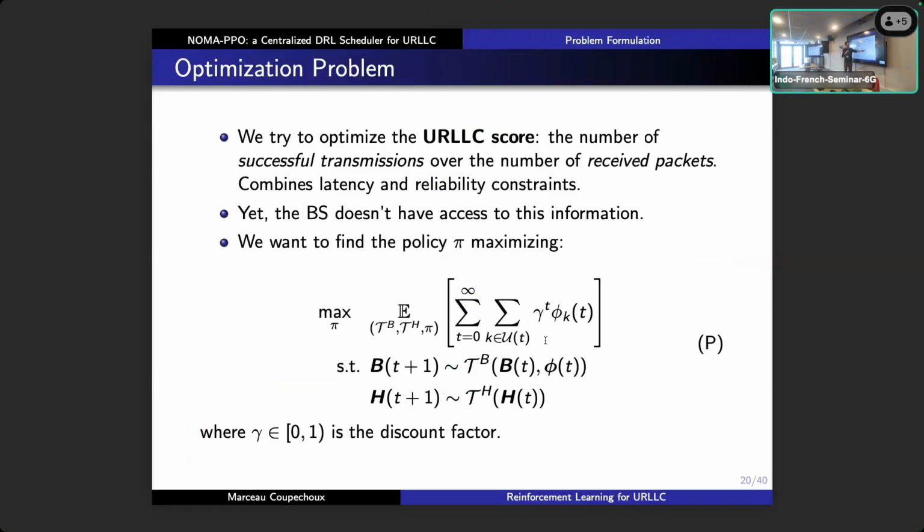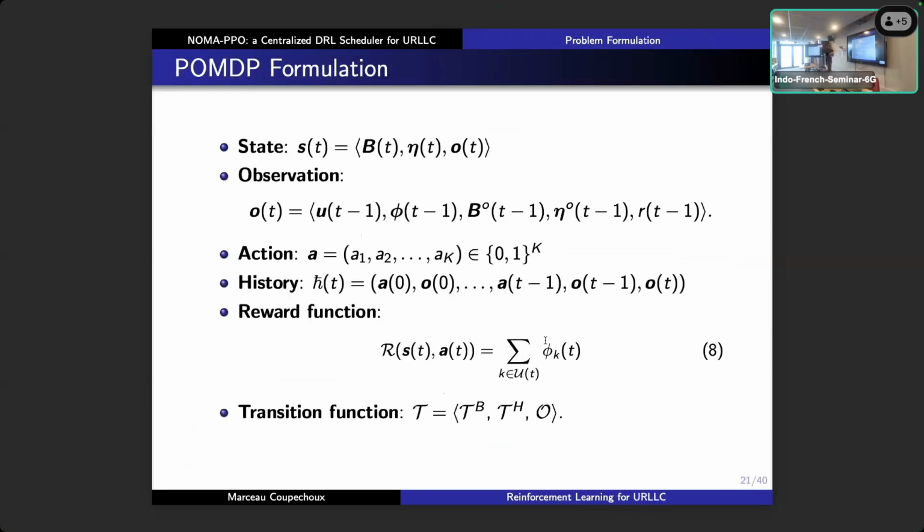Here we have phi k, the probability to decode user k at time t, with the discount factor, and we have the evolution of the system: the buffer is evolving according to a certain transition function, and the channel is evolving according to a certain transition function also, as we have seen. So the POMDP formulation is the following one.